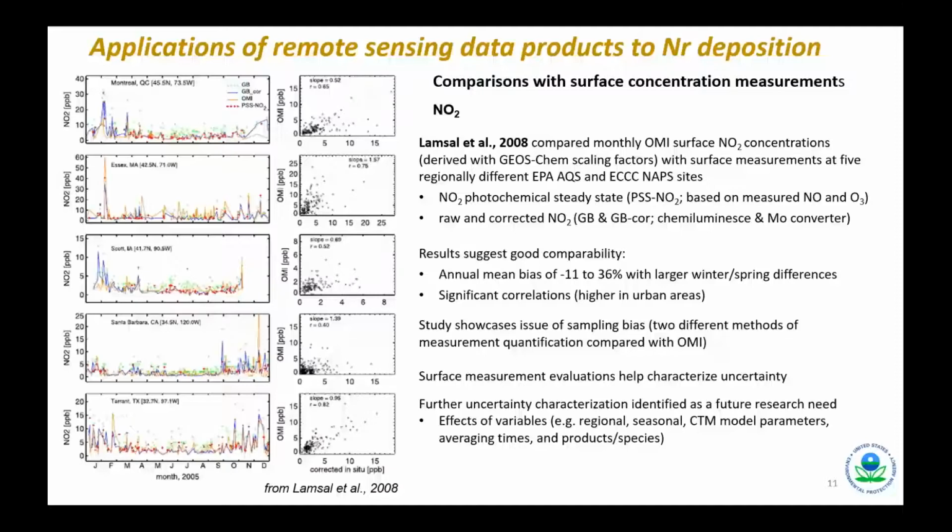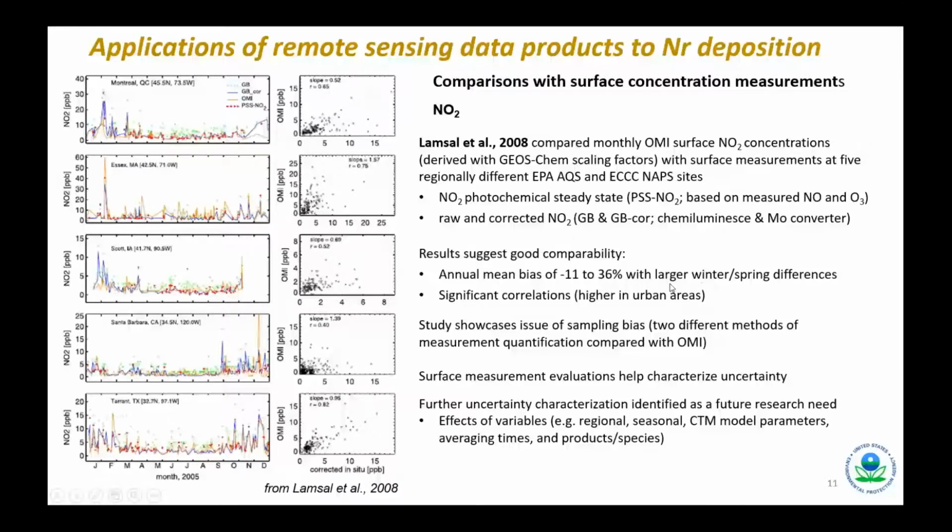Lamsal compared the monthly OMI surface concentrations, and to derive these you're always using models, with 5 different sites: EPA AQS and Environment Canada's NAPS sites. The results suggested good comparability, a pretty good annual mean bias.